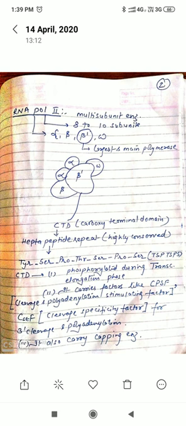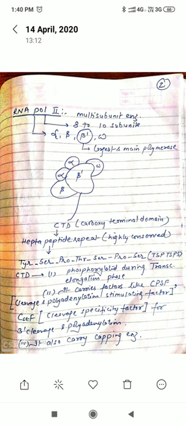Now, what important function does the CTD play? It was found that the CTD is phosphorylated during the transcription elongation phase. We know that transcription can be divided into transcription initiation, transcription elongation, and transcription termination. So it has been seen that during the elongation phase, the CTD was found to be phosphorylated particularly at threonine and serine residues.